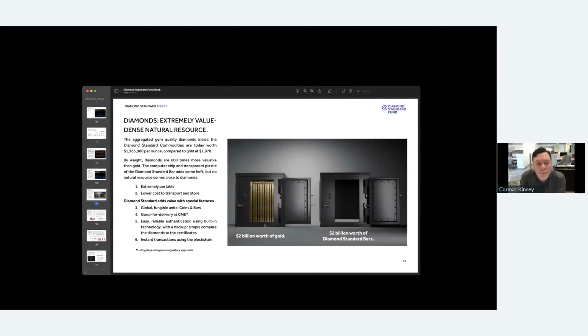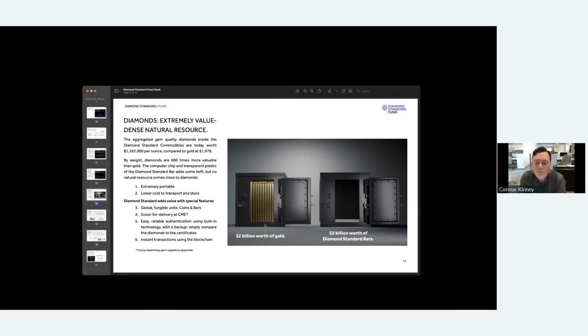The other thing that's unique about diamonds is just how dense in value they are. The diamonds inside the coin and bar, if you were to get rid of the plastic that provides the authentication and security, these diamonds are $1.1 million per ounce. 1.1 million. Gold is only $1,900 an ounce.